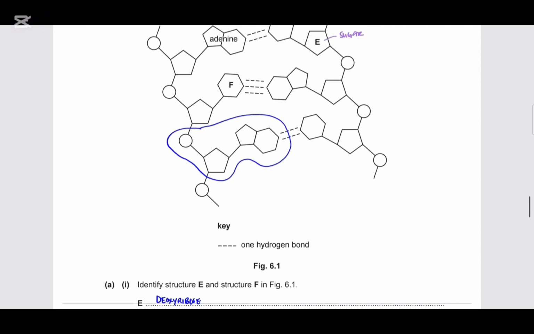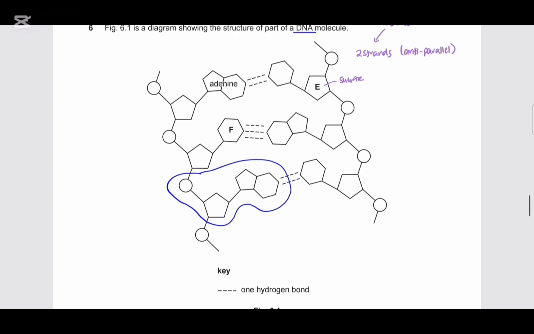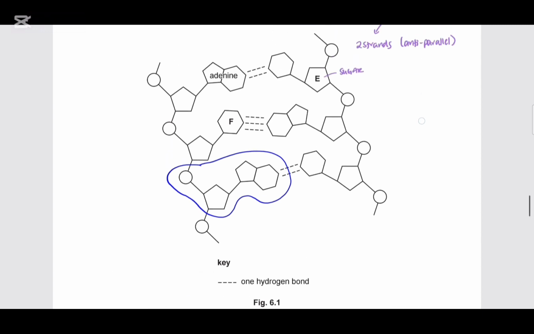Then structure F requires us to identify the base. For the base F that they wanted us to identify, the answer is cytosine. How do we know that? Revision time.